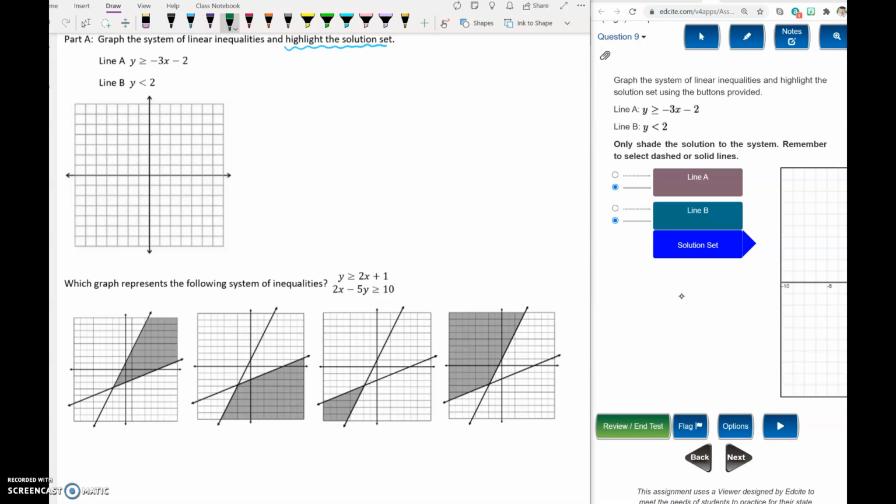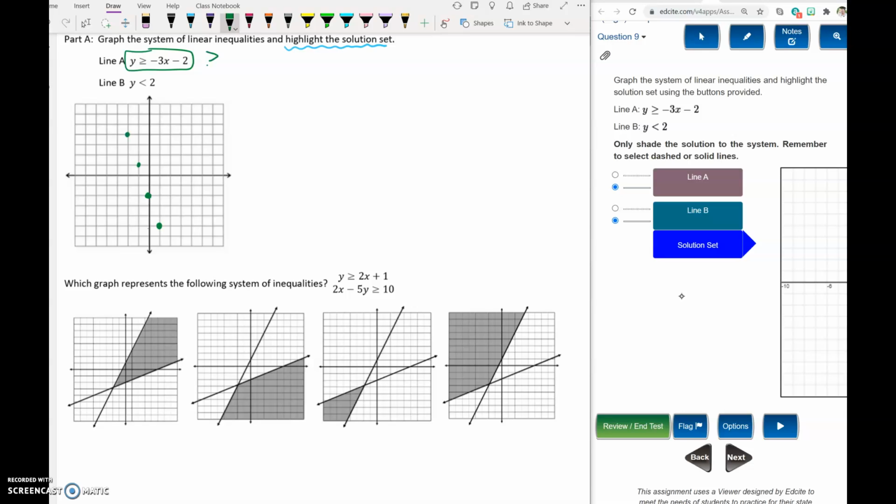Our first inequality is y is greater than or equal to -3x minus 2. Remember, you start on the vertical y-axis. So -2, we start here. Our slope is -3. I could extend it up this way if I want to.